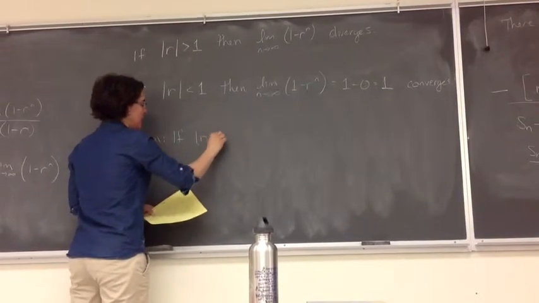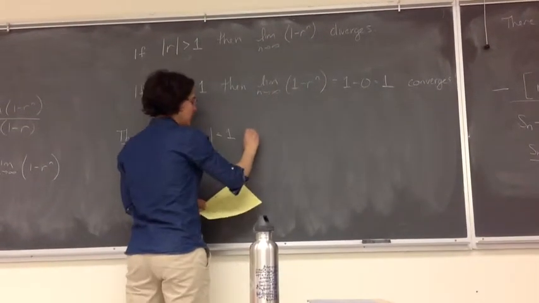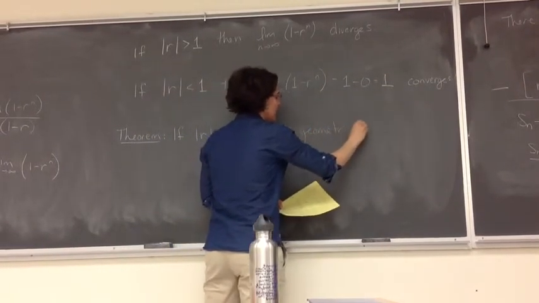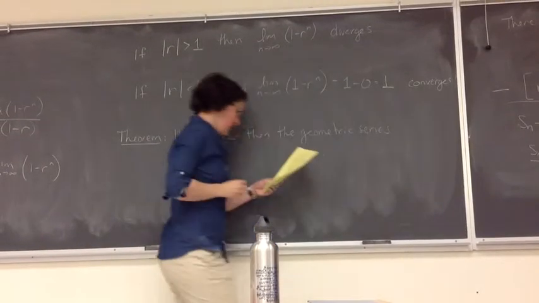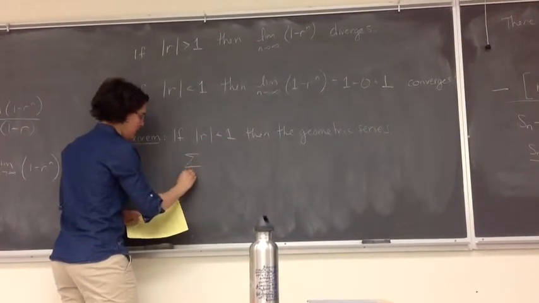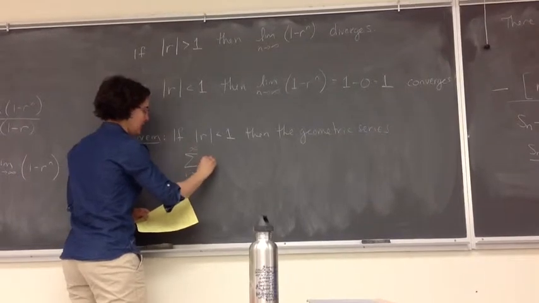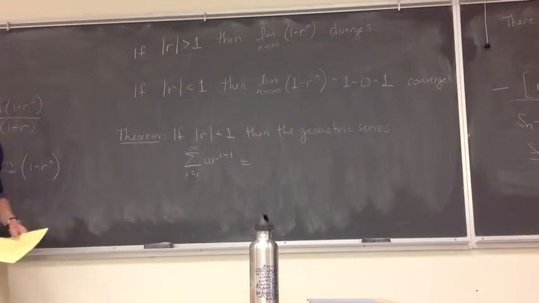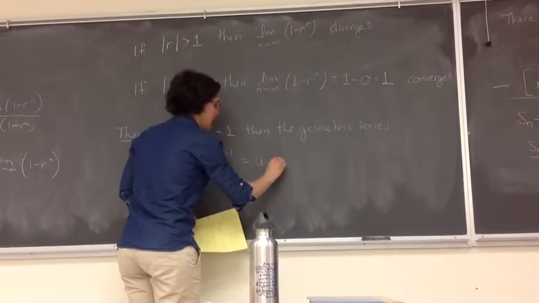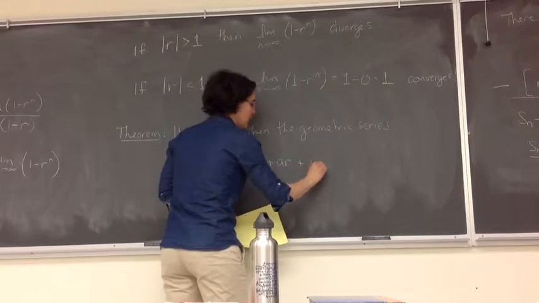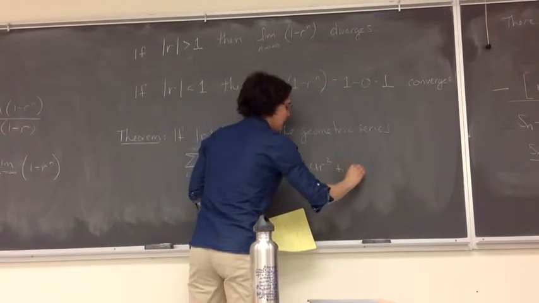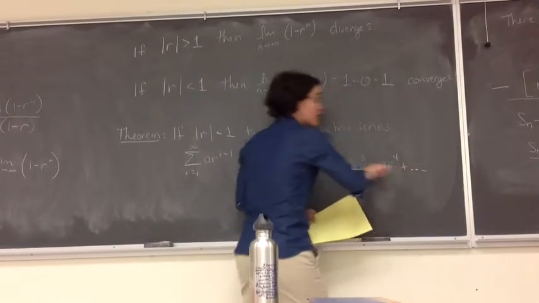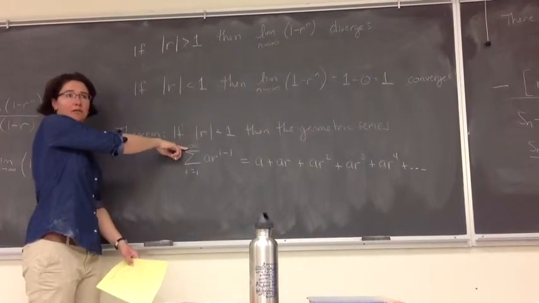If the size of r is less than 1, then the geometric series given by the sum where i goes from 1 up to infinity of a r to the i minus 1, which if I write it out looks like a plus a times r plus a r squared plus a r to the third plus a r to the fourth plus dot, dot, dot, goes on forever and ever because my sum is going up to infinity.